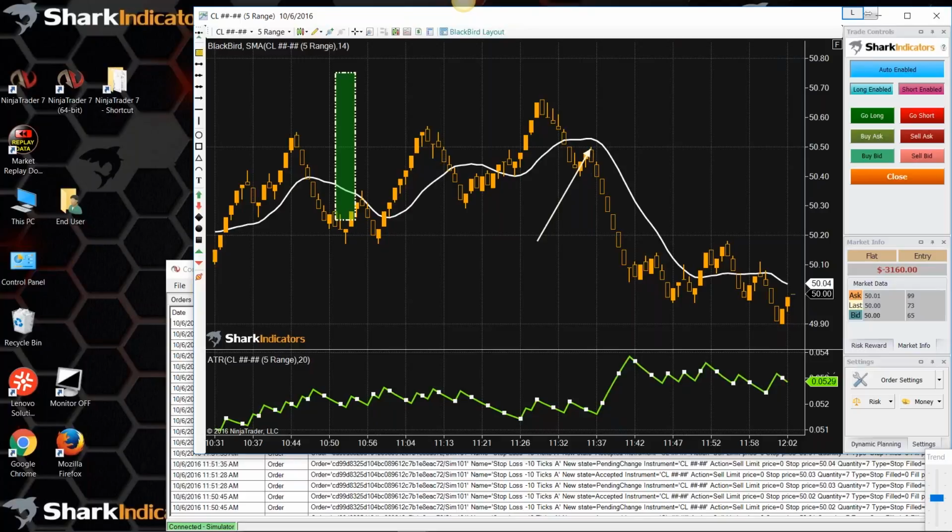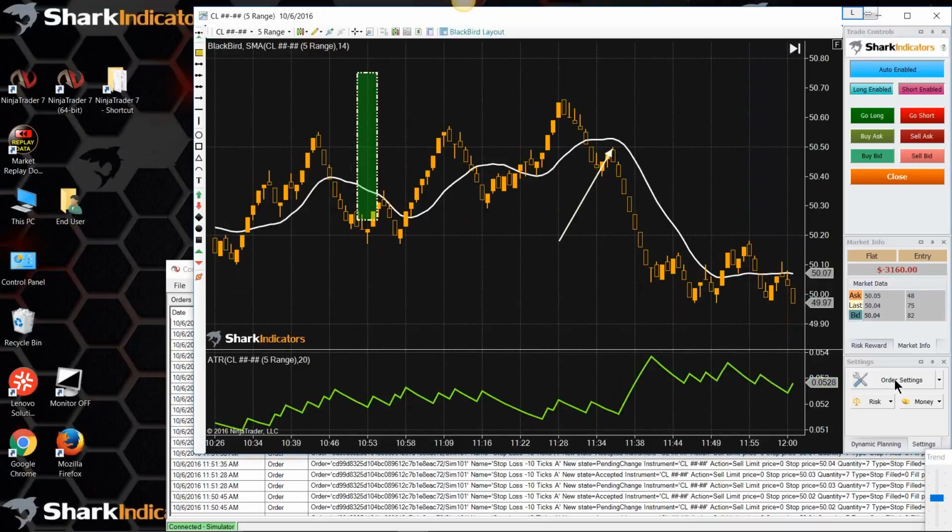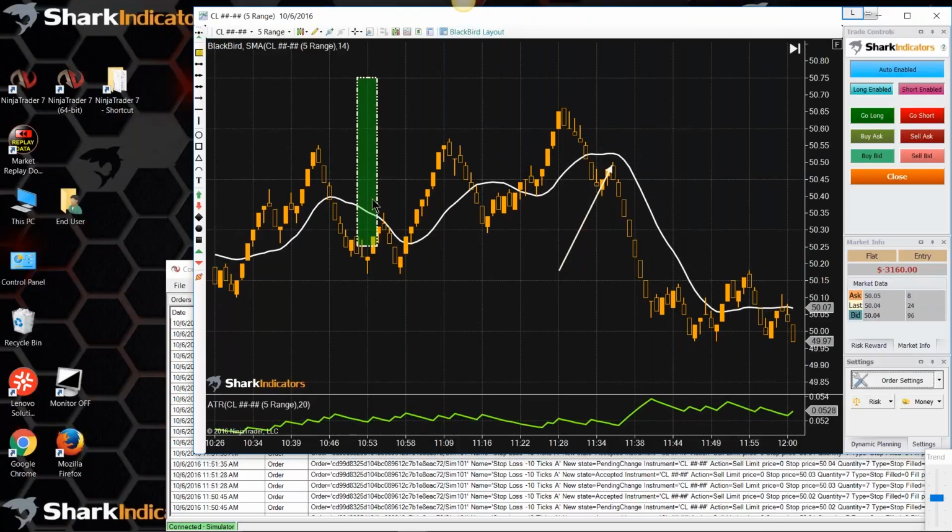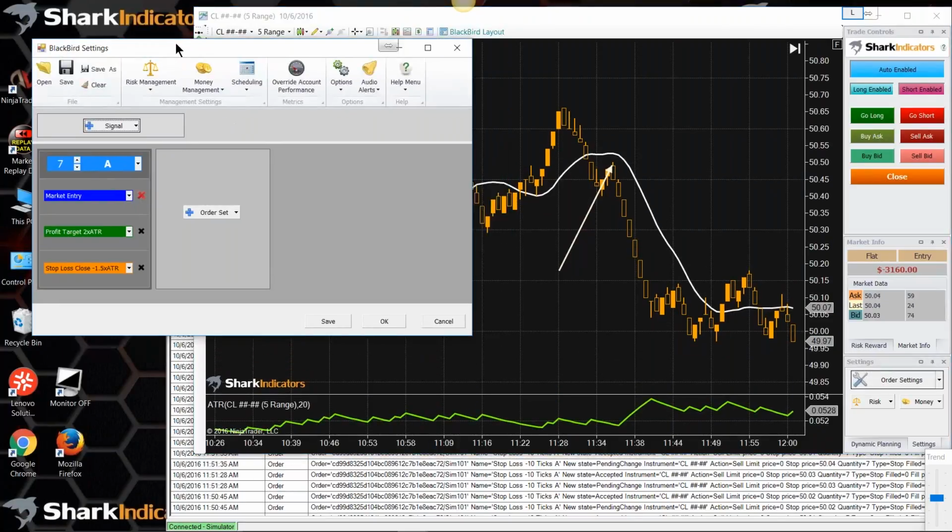And so BlackBird just simply does the internal math and sets your stop loss. So yeah, if you wanted to actually see the actual prices on there, you'd have to write your own indicator to do that for you. All right, good. So let me continue on here.